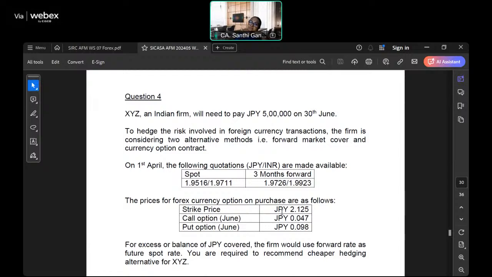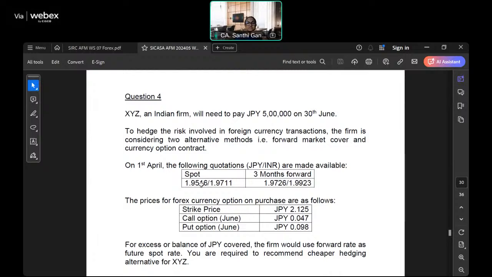Therefore, what is the base? The other currency, Indian rupee only, can be the base. Because you find that strike price is given in Japanese yen, premium amount is given in Japanese yen. So what is it we can conclude? We can conclude this is an exchange traded option. That is the reasonable conclusion we should arrive at. So now you can compute based on foreign currency forward, what is the position?